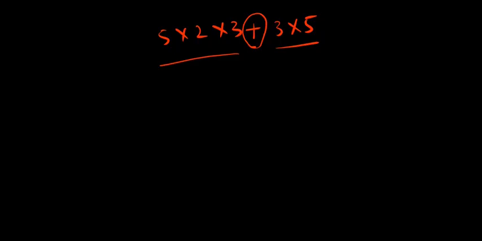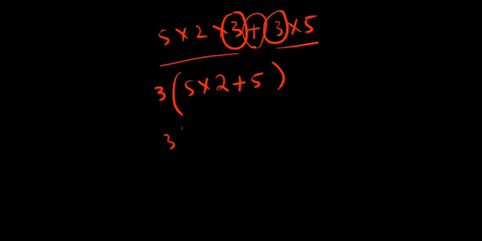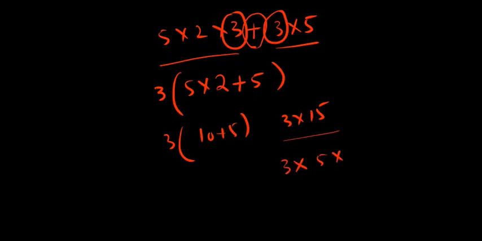Here 5 into 2 will be left plus 5 will be left. 3 into 10 plus 5, 3 into 15. 3 into 15 can be written as 5 into 3. So whatever is there, we have expressed in the form of prime factors, that is 3 square into 5. So we will write it is a composite number.